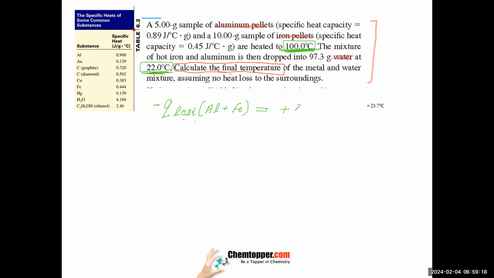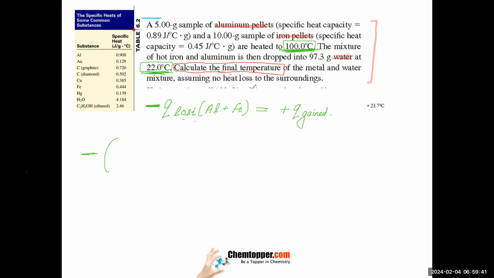Water. So this is the first law of thermodynamics which I'm going to use here, right? I'm going to retain this Q negative sign because if I don't retain it, I'll get the wrong answer. So minus retained. Now Q lost is aluminum and Fe.